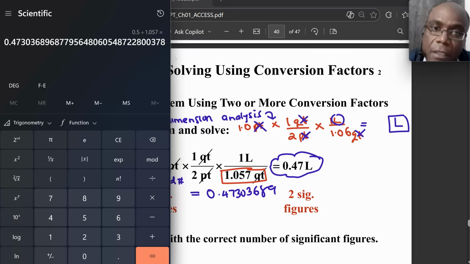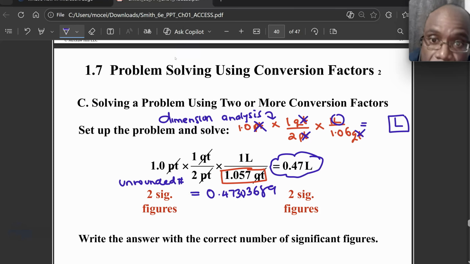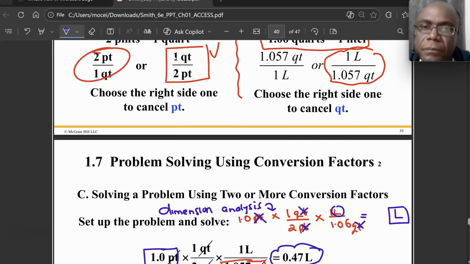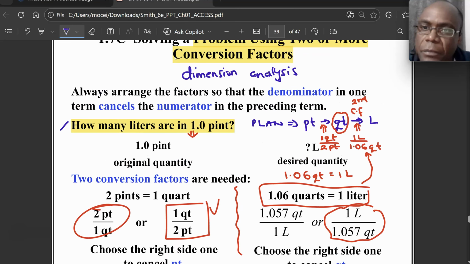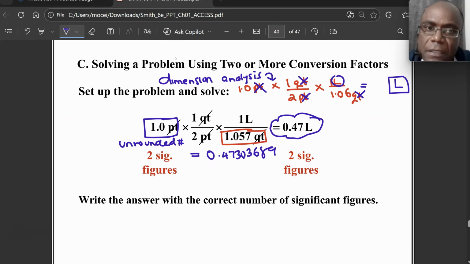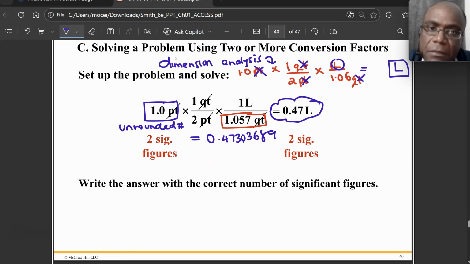Now, if I look at the problem, we were given 1.0 pint in the original highlighted problem. This is really two significant figures, because any zero after the decimal point must be counted as significant. So my answer must be reported to two significant figures.